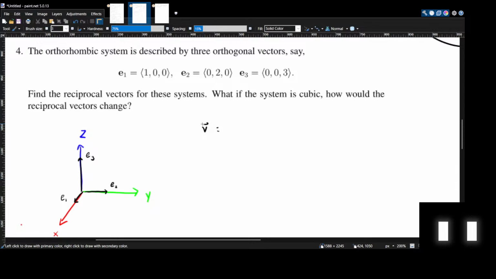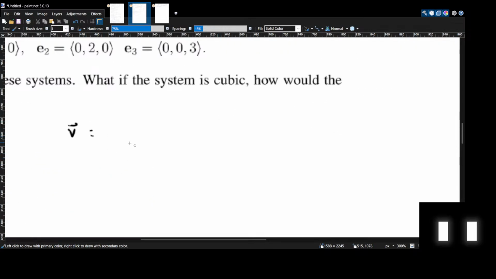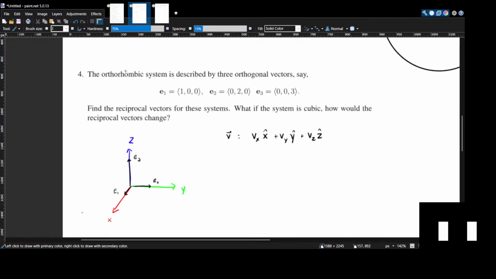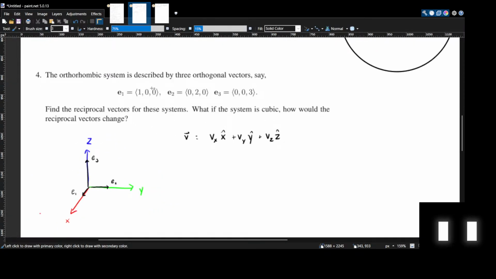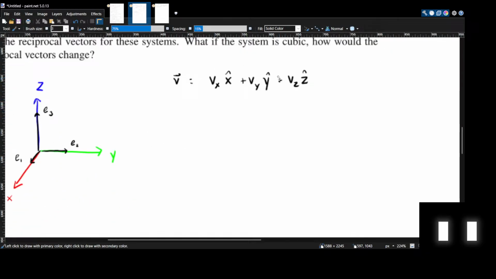So when we express a vector normally in the Cartesian system, we would express it in terms of Vx and then the x unit vector, and then Vy in the y unit vector, and Vz in the z unit vector. This is how we normally represent a vector in Cartesian coordinates. The orthorhombic system, described by three orthogonal vectors, is basically rephrasing this, using the same vector, but instead of using x, y, and z as basis vectors, we express it in terms of E1, E2, and E3.